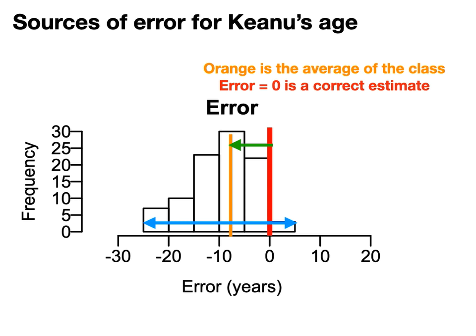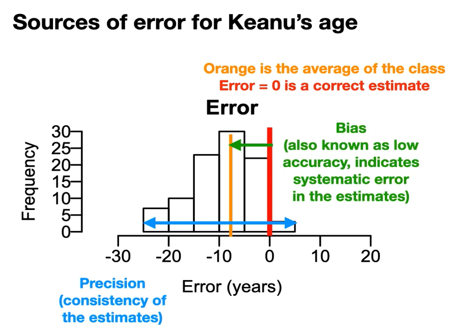And we can also look at the difference from 0 to the average of the class. Those are illustrating these two concepts of bias and precision. In blue, how broad that distribution is tells us how consistent the estimates of students in the class are. The wider it is, the less precise students are as age guessers. The tighter together that blue line is, the more precise.